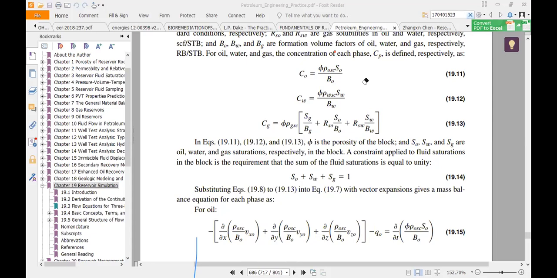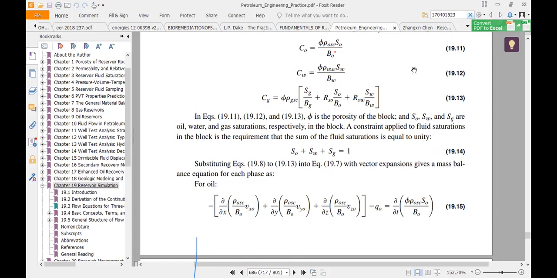Okay, sir. Thank you. Okay. So here, it says in equations 19.11, 19.12, 19.13, phi is porosity, and then these are saturation terms. A constraint applied to fluid saturation in the block must be the requirement of course, what you have in equation 19.14.